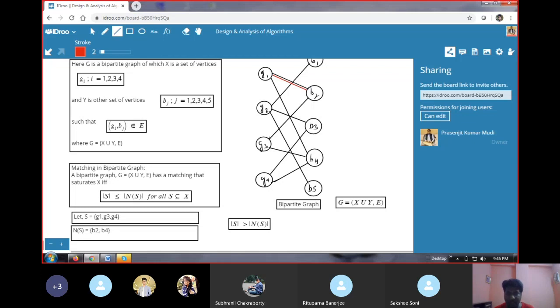We have taken G3. Then B2, B3, B4 are selected.